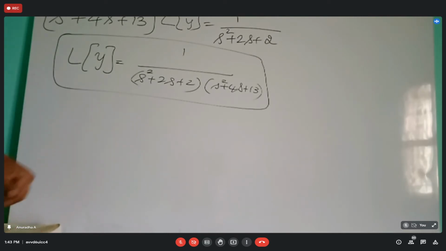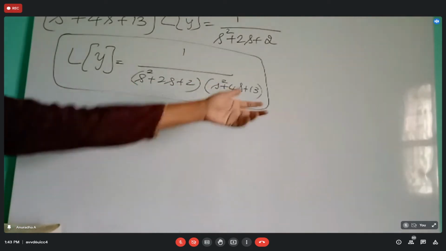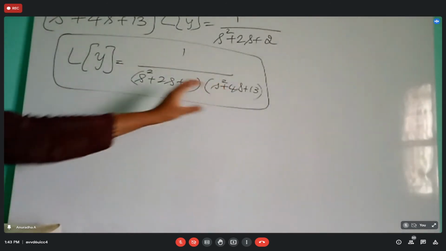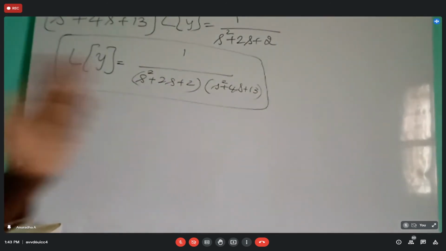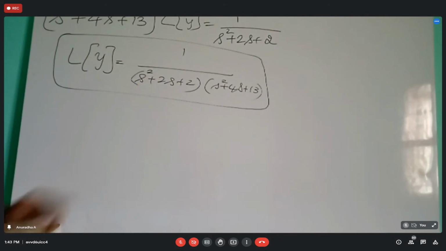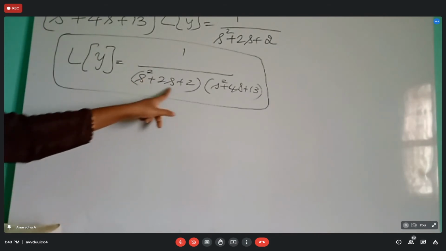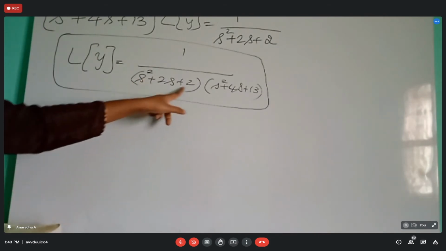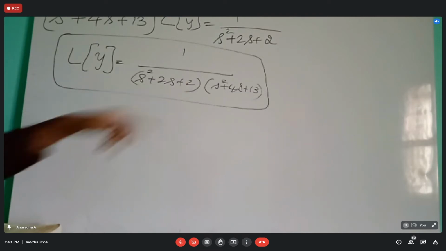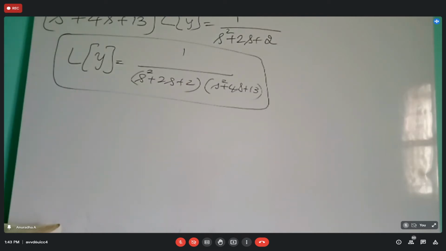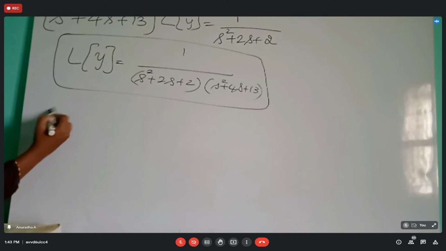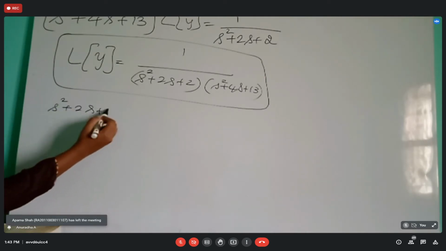In partial fractions, we first factorize into small factors, then term wise write A, B, C, D like that. Now, if we consider the first term, I will not get integers. If you see, I will get s square plus 2s plus 2, right?